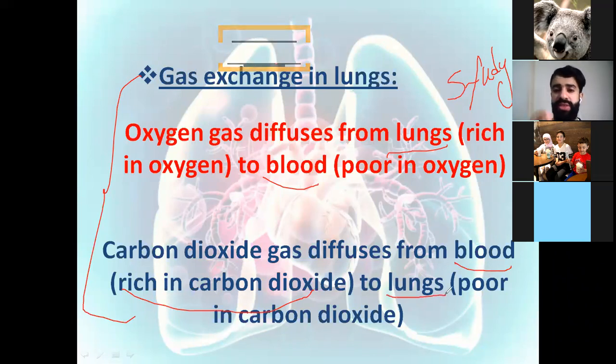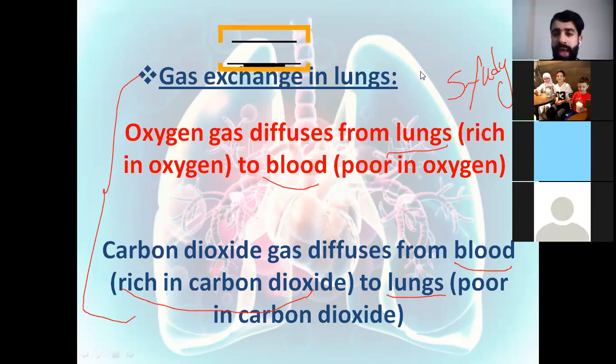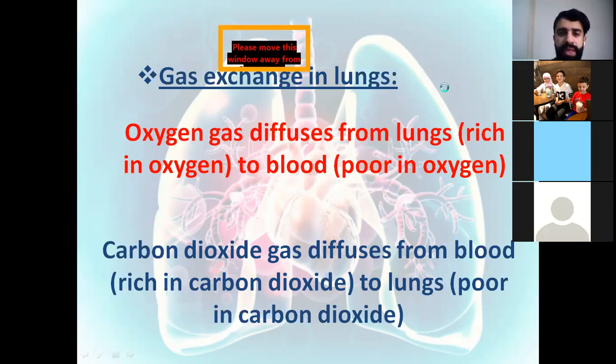So here you have to study these two terms about gas exchange in the lungs. Carbon dioxide diffuses from the blood, which is rich in carbon dioxide, to the lungs, which contain a low amount of it, while oxygen is the opposite: it diffuses from the lungs, since they are rich in oxygen, to the blood that is poor in oxygen.